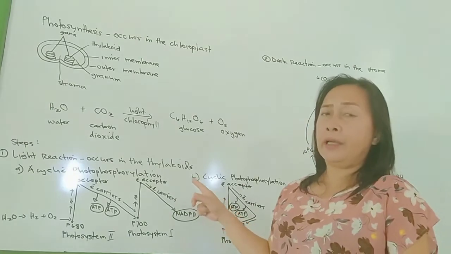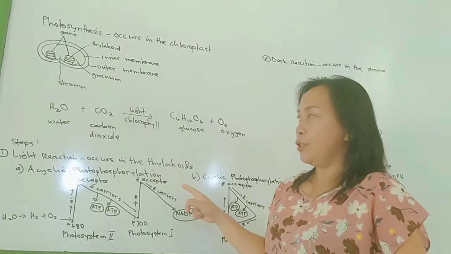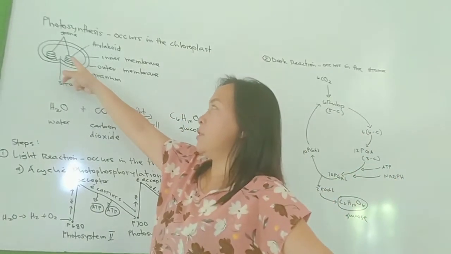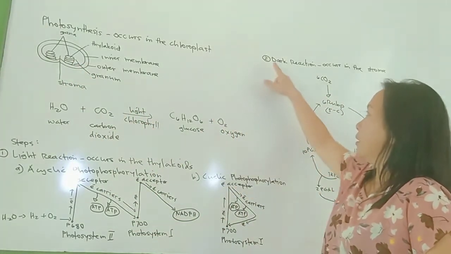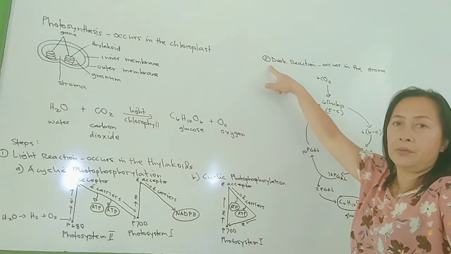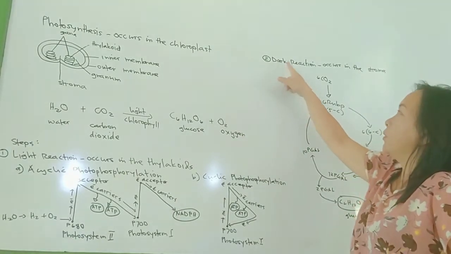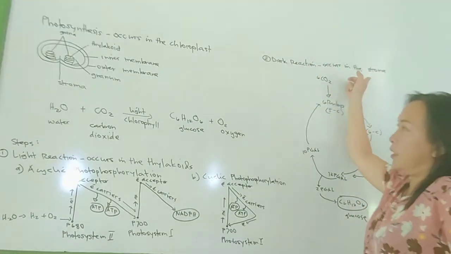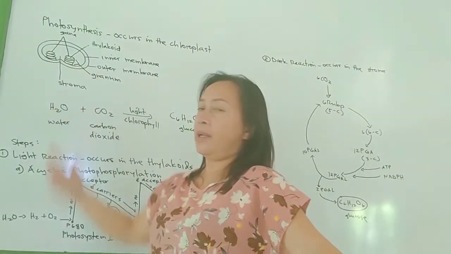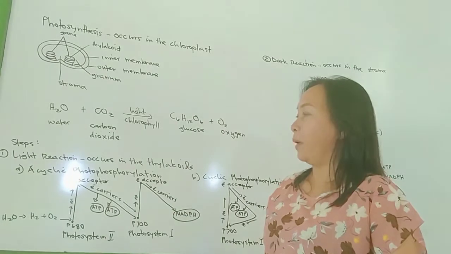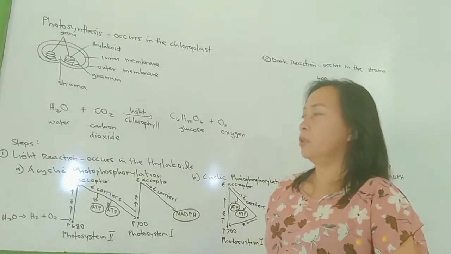You have chlorophyll A and B for plants, the green pigments, you could see it here. And the second is the dark reaction, which occurs in the stroma. This is the space where the thylakoids are embedded. That's where the dark reaction occurs.